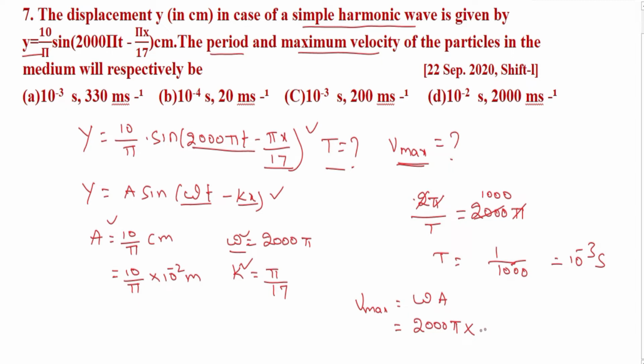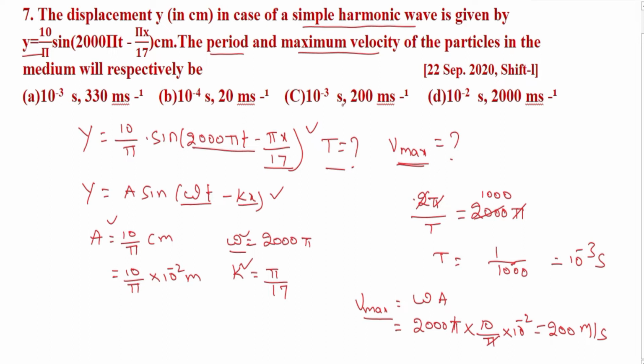So this pi will get cancelled. Then if you calculate, you'll get 200 meter per second. So the value of maximum velocity is 200 meter per second.